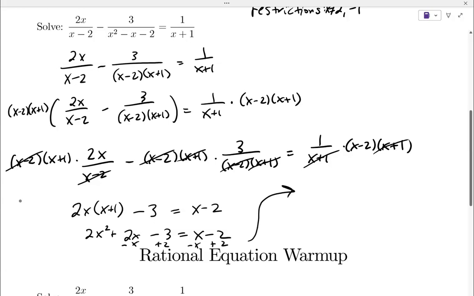What do you end up with? 2x squared minus x. Yeah, minus 1. Oh, it should be plus x. Yep, thank you. Because we had plus 2x and minus 1x, so it should be a plus x.